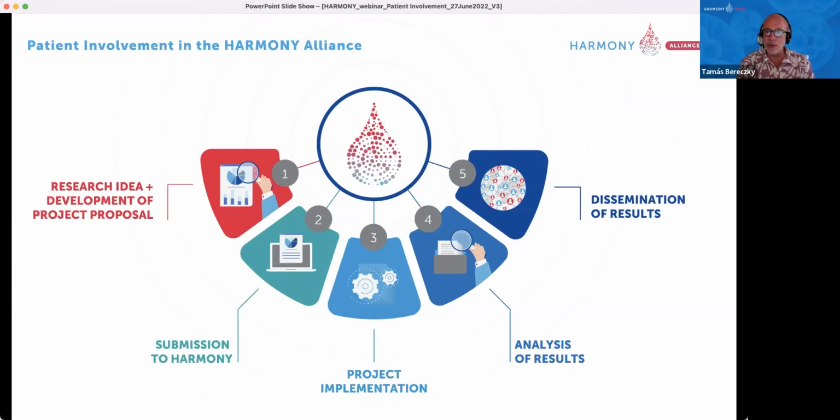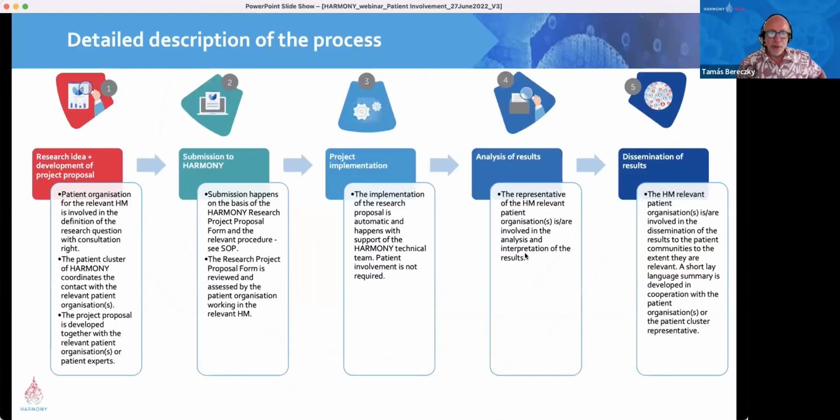And last but not least, also the dissemination of results is part of this process. So, for example, publications or even any shape or form of communication about the results of a project proposal are also included here. For your convenience, I have broken this out in terms of actual steps. These are also described in detail in the SOP.